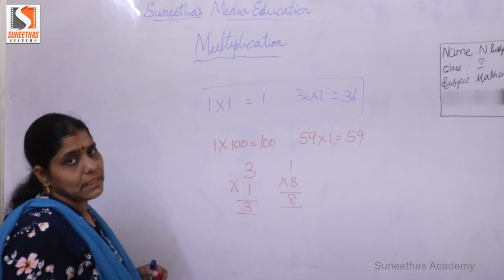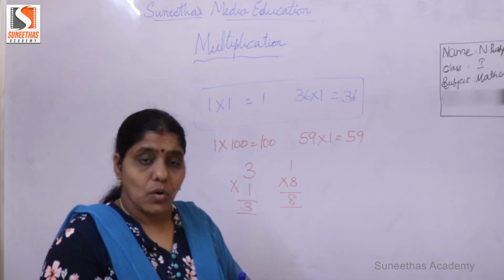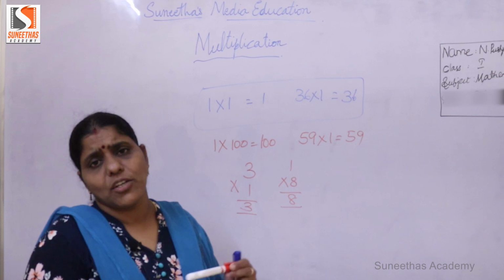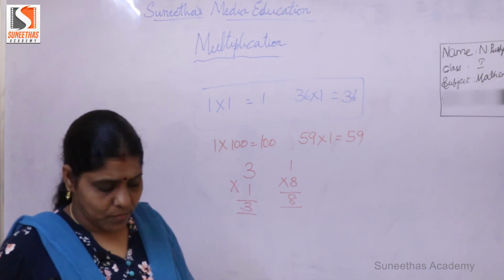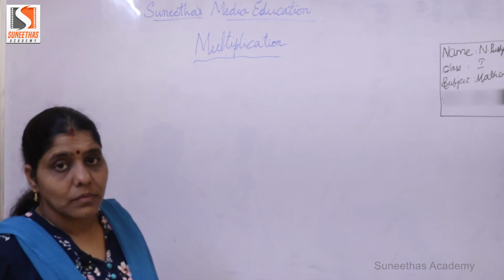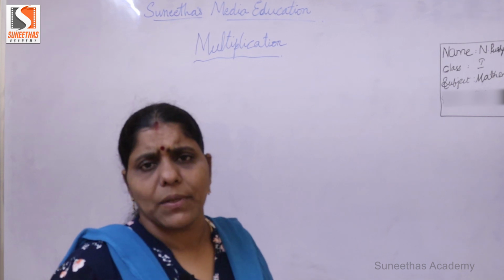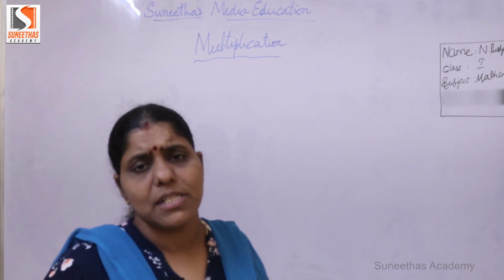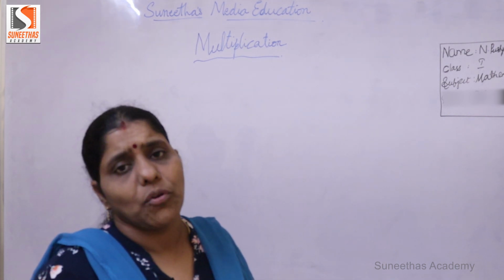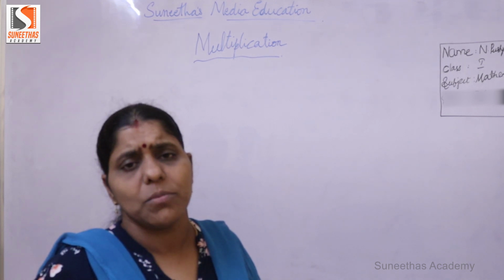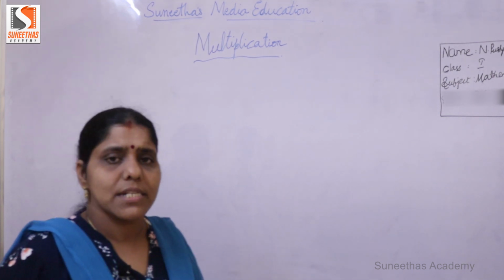The same number you will get, children. Multiply by 1 and you will get the same number. You can do multiplication with the help of tables. If you learn the tables, you will do multiplication problems very easily. Okay, children?